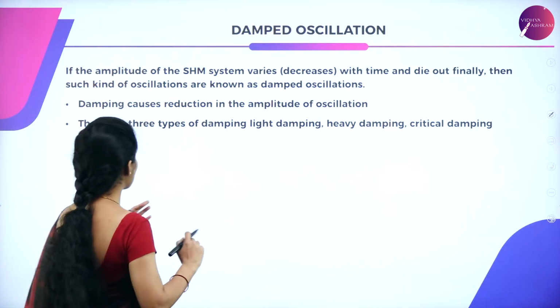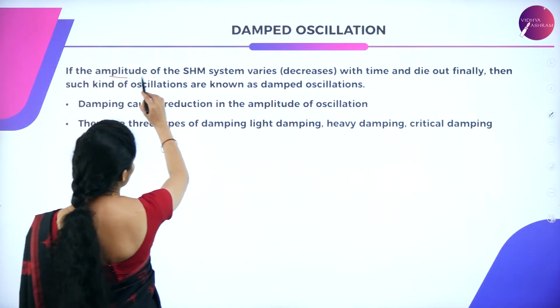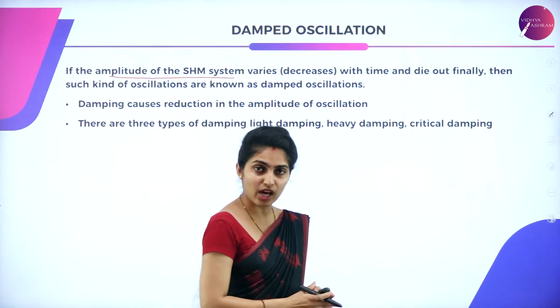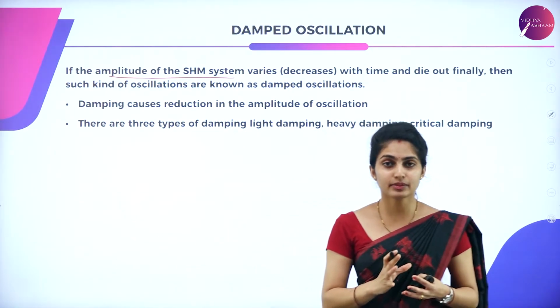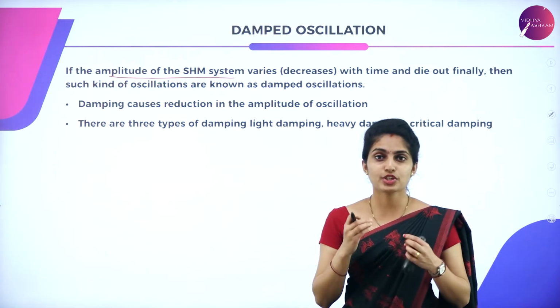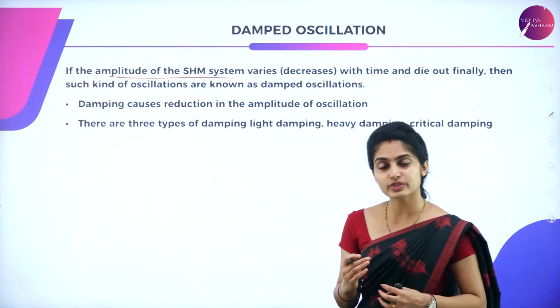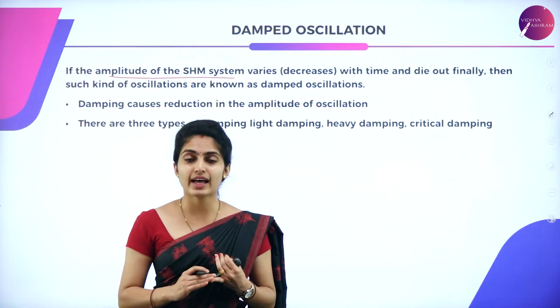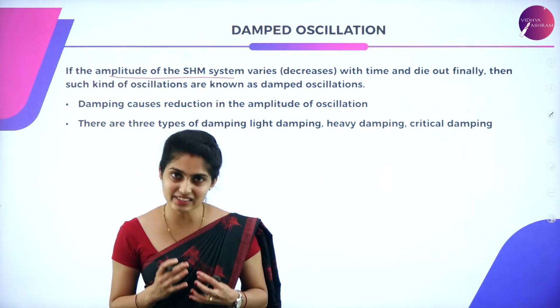The same way it goes here. As I told you, what is meant by simple harmonic motion? It is the vibration of an object where it undergoes oscillations, and when it undergoes oscillations, its amplitude as well as the frequency both remain constant.